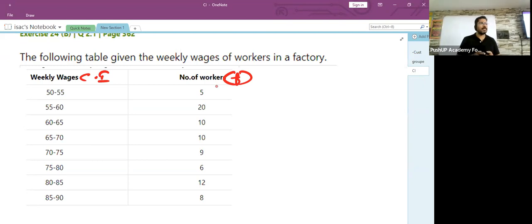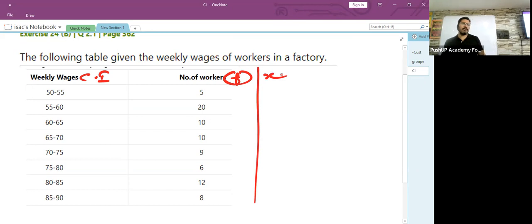Mid values. X in grouped data is mid values.